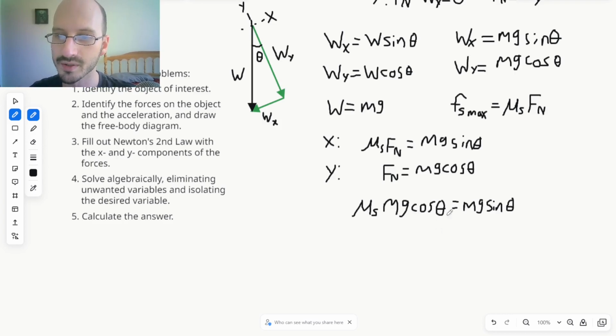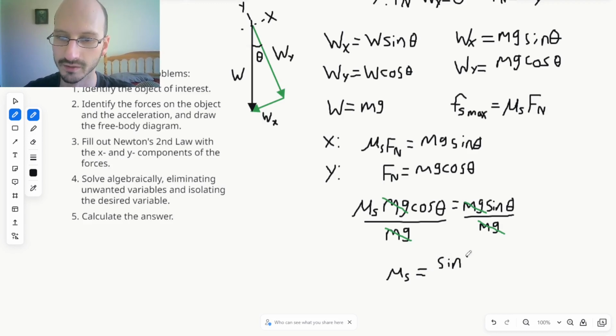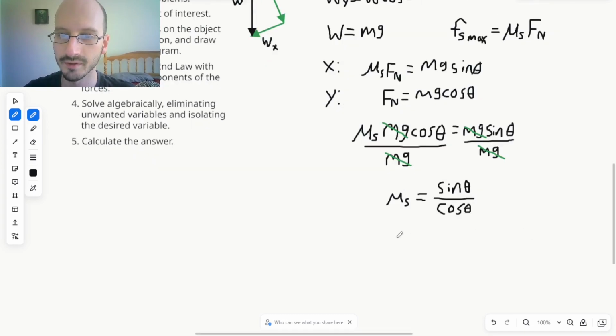If you look at both sides, they both have an m and a g, which means if we divide both sides by mg, it cancels out completely. And we're left with static friction coefficient is equal to the sine of the angle divided by the cosine of the angle, which can be simplified to the tangent of the angle.